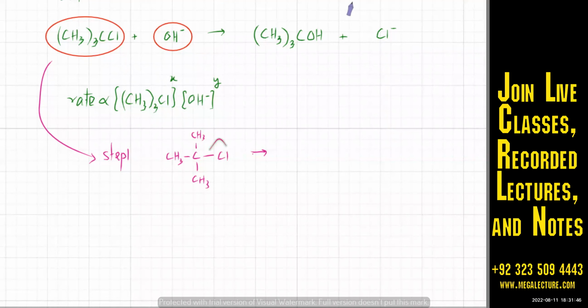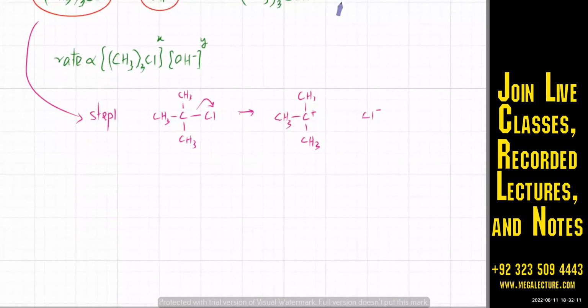The Cl was the first to break away, and that left you with a carbocation. So you had a carbon with 3 methyl groups, this one had a positive charge, and the Cl has left, forming Cl minus. That was step number 1.